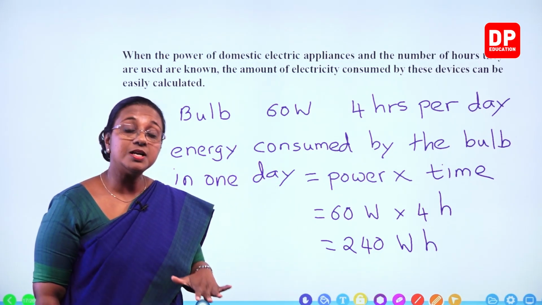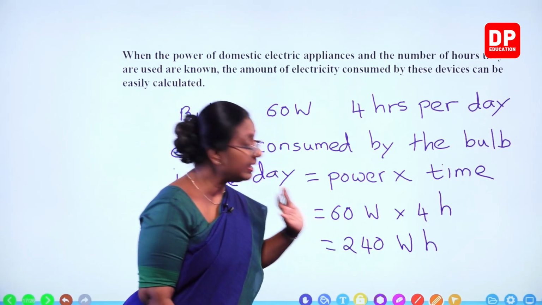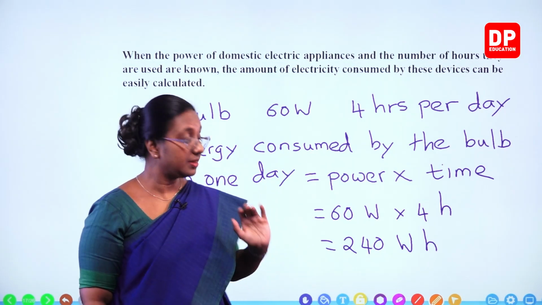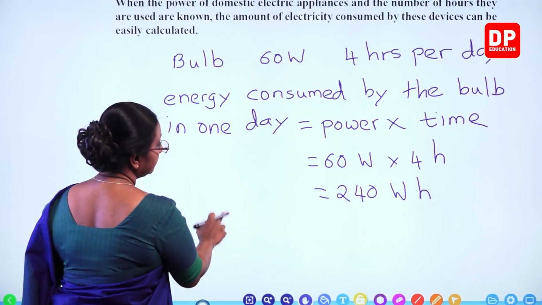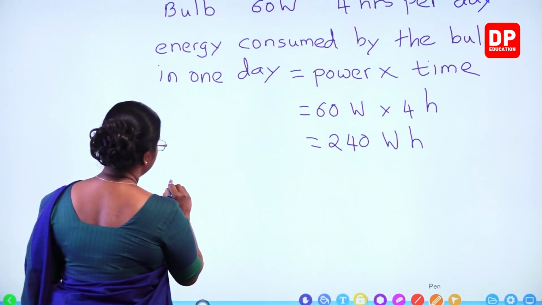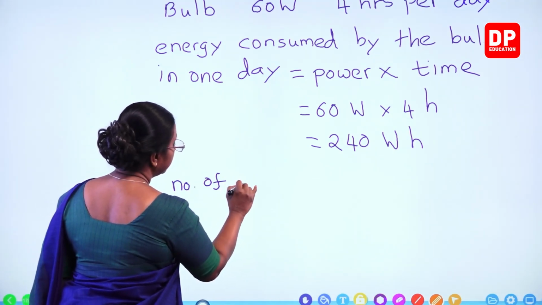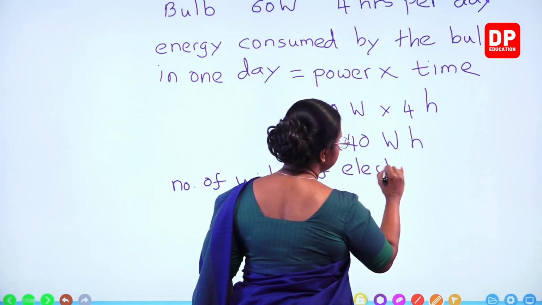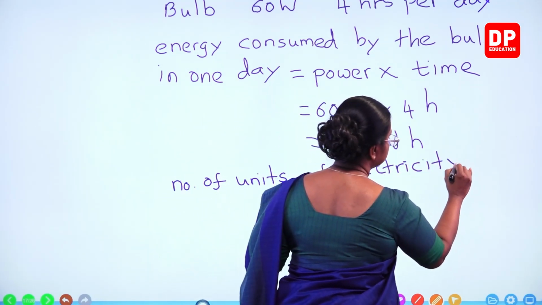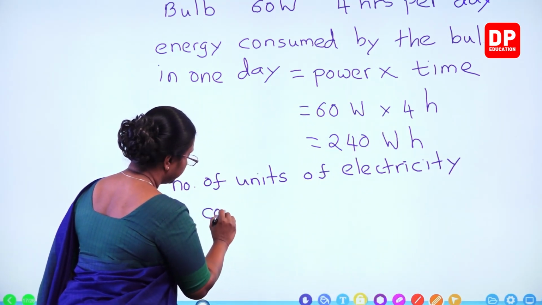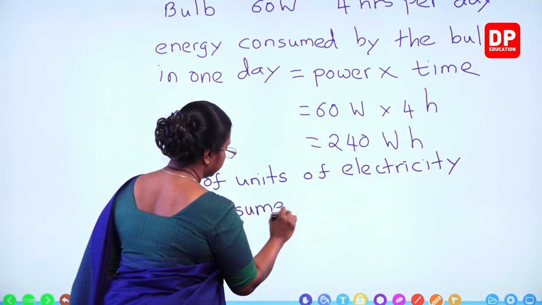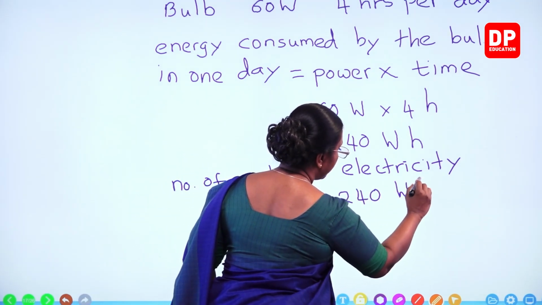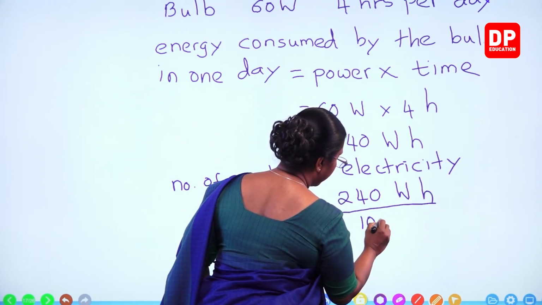If you want to convert it to the commercial unit, this should be in kilowatt hours. So then we will need to divide it by 1000. So here, number of units of electricity consumed should be equal to 240 watt hours divided by 1000.